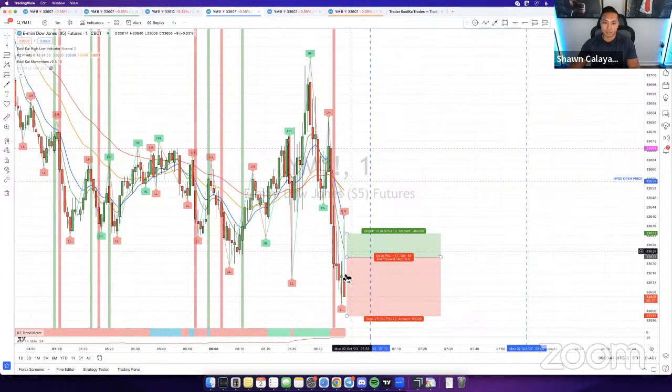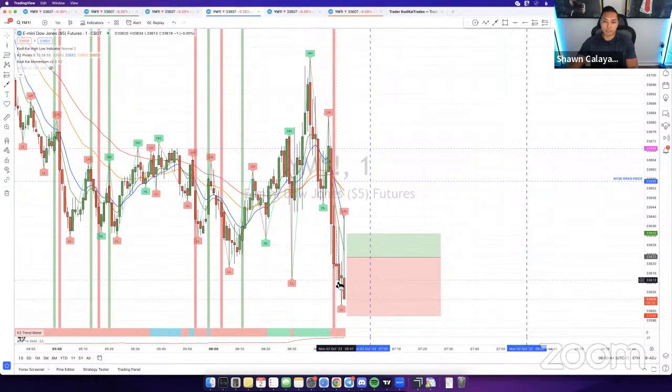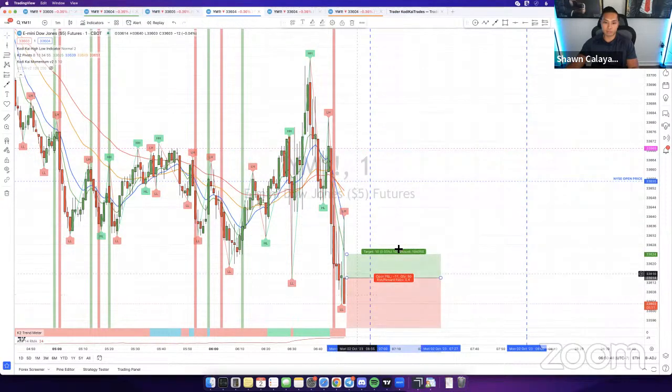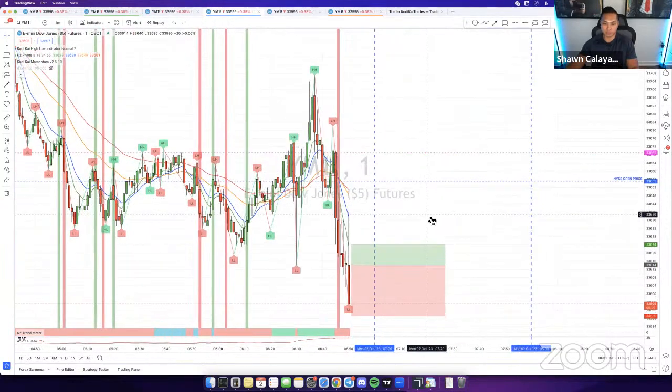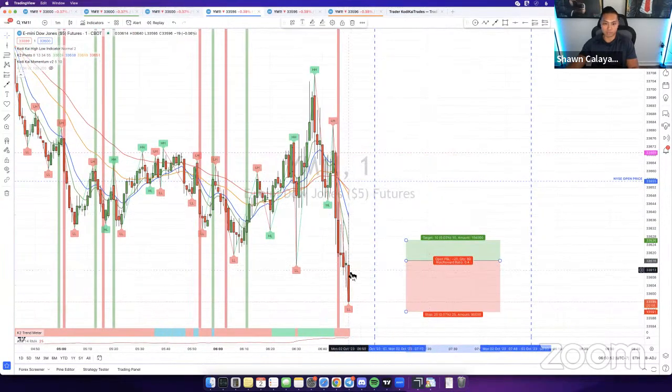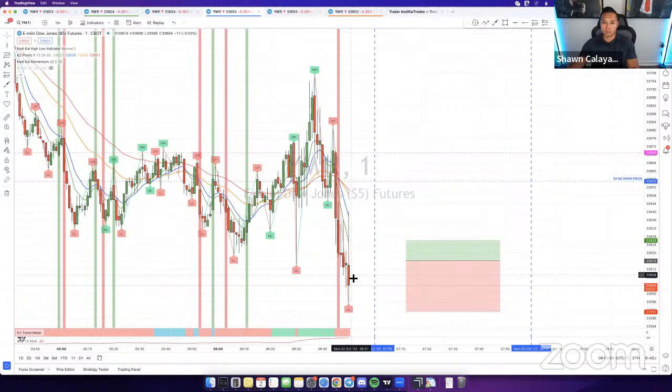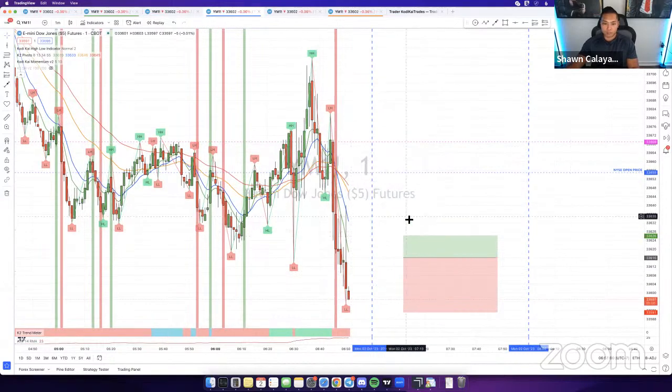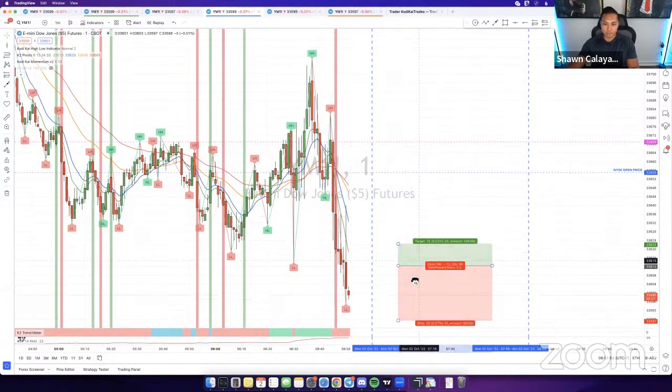So again, it's a blocky candle here. It needs to be green. In order for it to be a momentum counter scalp, it needs to be green. It's not looking like it's going to close green. So actually no momentum counter scalp there.